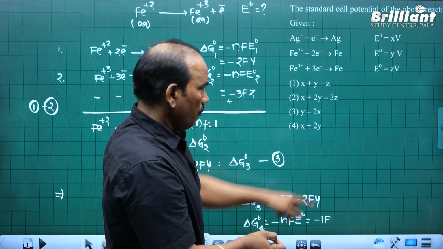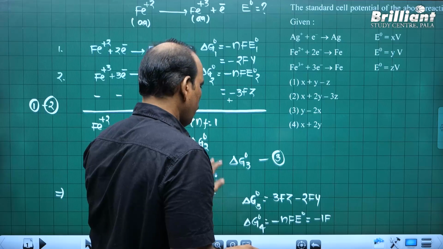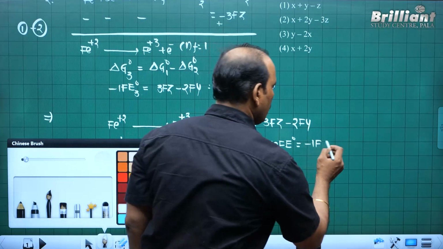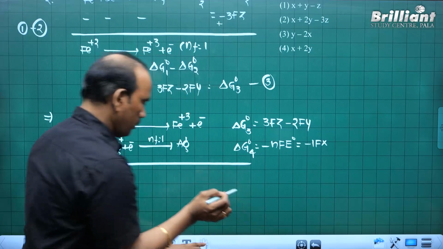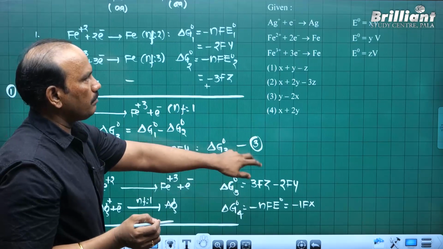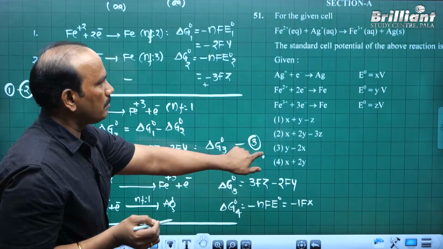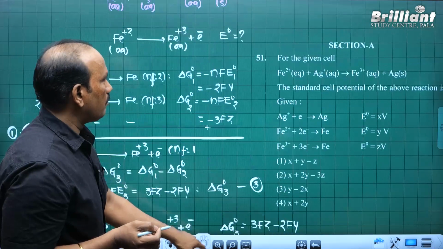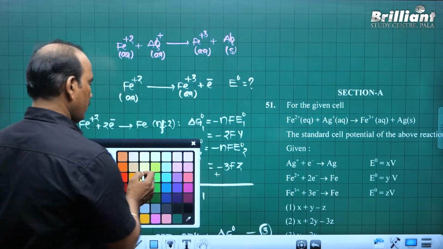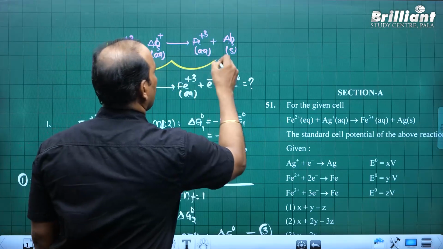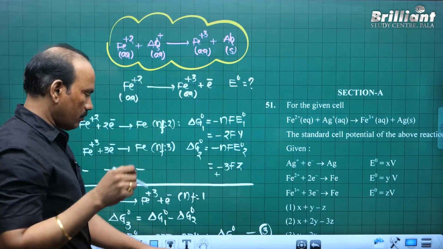What is the value? It is X. Therefore this is X. Okay. Now we want the original equation. What is the required equation? This is our required equation.